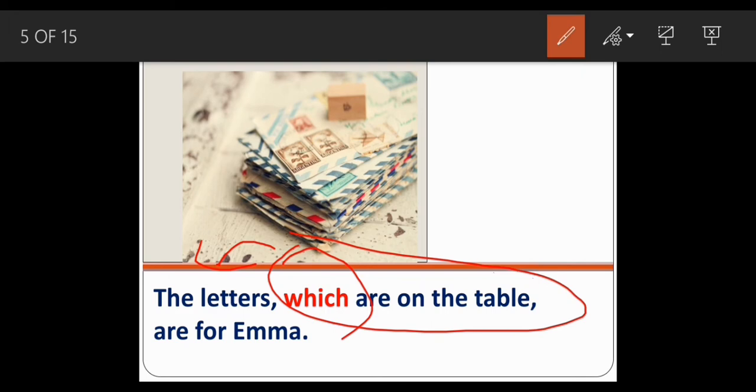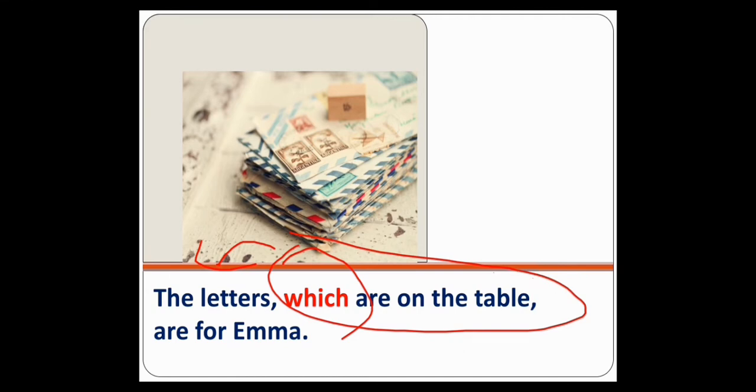Which letters? The letters which are on the table. So I use it to make the noun clear. So the letters which are on the table are for Emma.